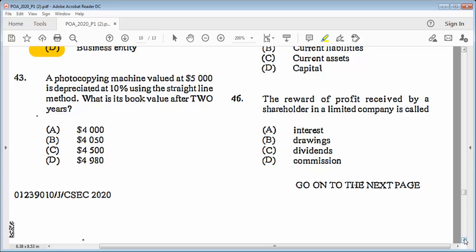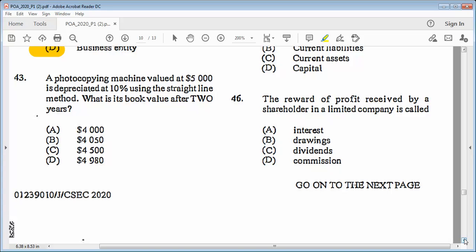Well, the straight line method of calculating depreciation involves deducting the same amount every time. So the same amount whenever you're conducting it.